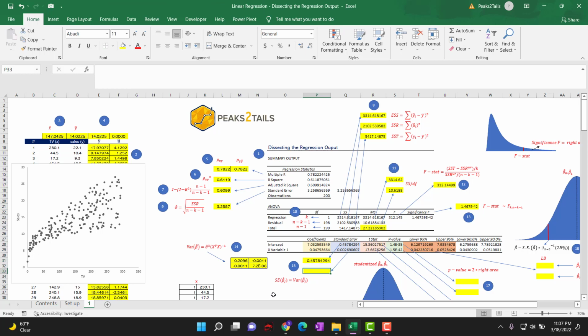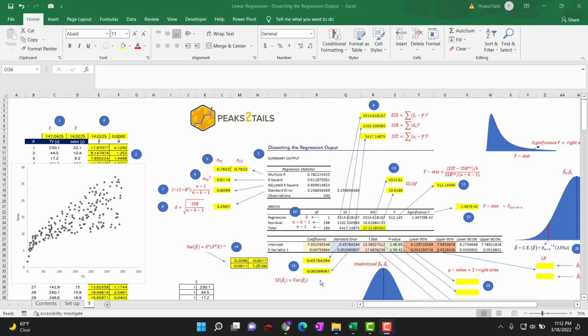And for the slope coefficient, we need to do the same thing, square root of the variance of the slope coefficient. And this matches the result. On top of that, if you need the covariance, it's here and it has to be the same. The variance covariance matrix is always symmetric.